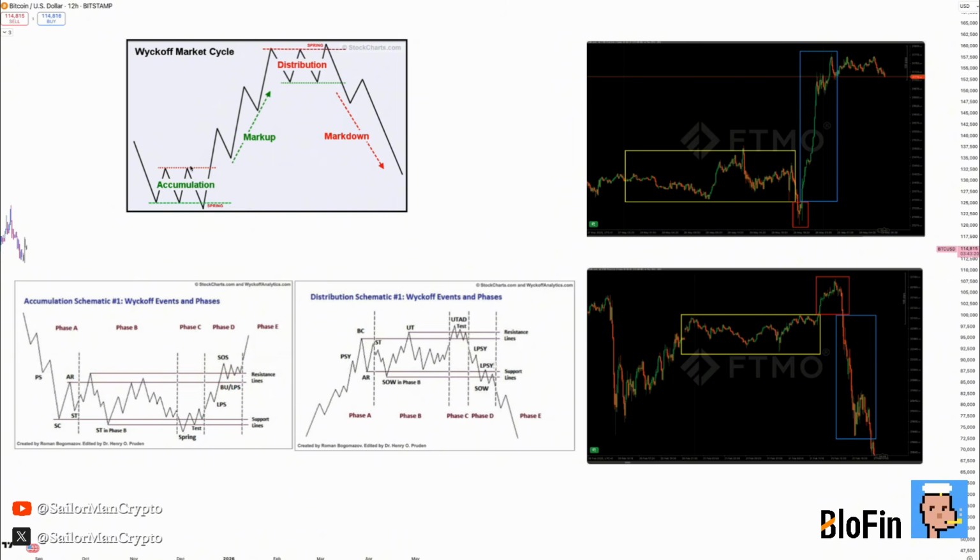To make it simple, during the accumulation, market makers are accumulating that specific stock, crypto, whatever you want, in order to enjoy the uptrend that follows, and during the distribution, market makers are taking profit or opening shorts, ranging on that area to make sure they are able to fill a big short order or to take a big chunk of profit on their position in order then to enjoy the downtrend that follows.